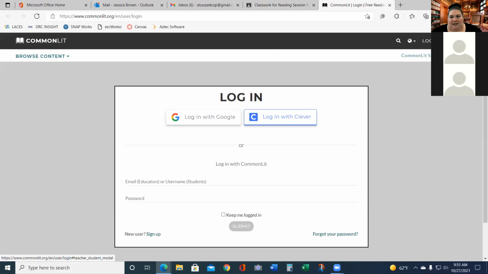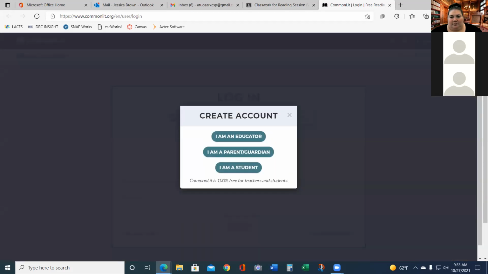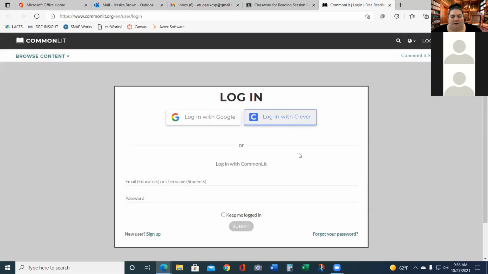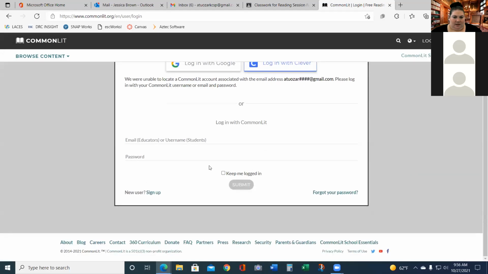If you haven't already signed up for this, you'll have to sign up and it'll make you create an account, and you would just click I'm a student. There is a class code that I'm going to put in the stream, and you would enter that right here and you will log in. When you log in, it's going to give you an option to log in with Google. That's the easiest way to do it because you just log in with your Google account and it automatically links it. So I'll show you what mine looks like, I think.